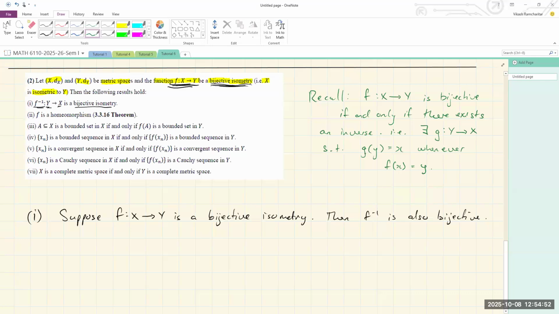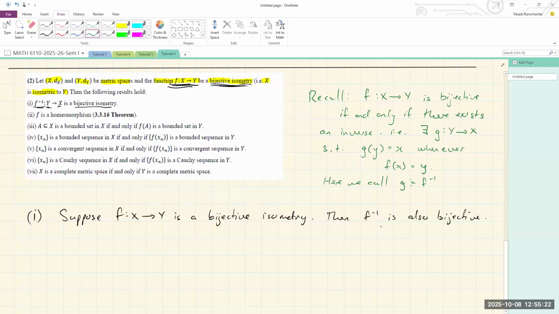What does g do? g takes y to x. So g just goes backwards. Here we call g simply f inverse, right? So this function g is what we write as the inverse, just to emphasize that it is the inverse. So a function is bijective if it has this inverse that exists.